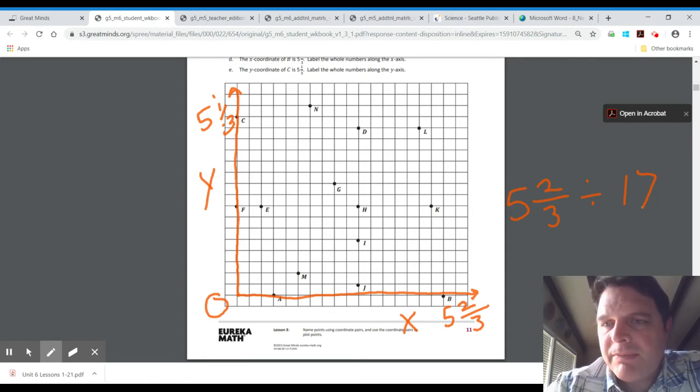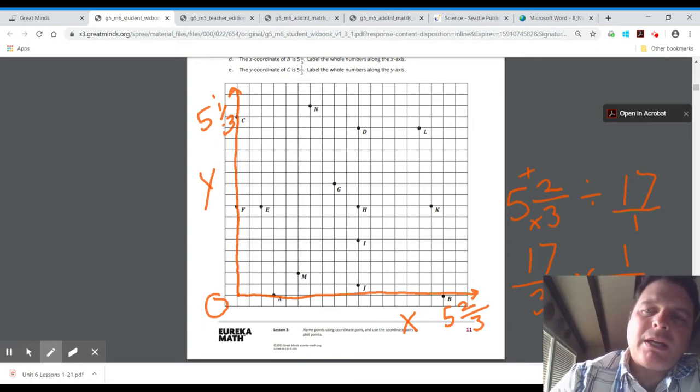If you remember how to do this, first I'm going to do 5 times 3 plus 2. 5 times 3 is 15, plus 2 is 17. So 17 over 3, and then remember you have to flip over the second number, so it would be 17 over 1, and if you flip it over, it's 1/17.